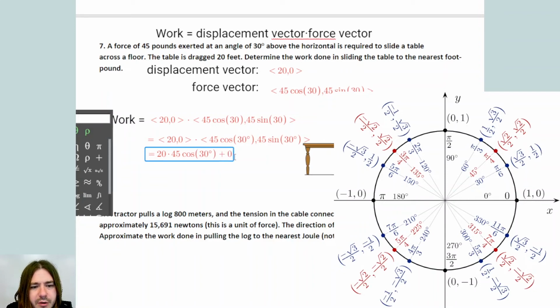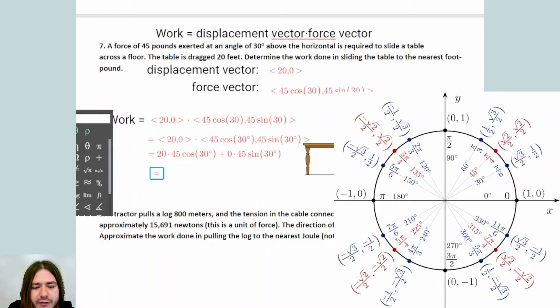Plus 0 times, and notice with the 0 times, it doesn't really matter what I multiply by because it's just going to turn out to be 0 anyway. But I'll throw it in there just to be complete. And so let's throw this in the calculator. We've got 20 times 45 times root 3 over 2.